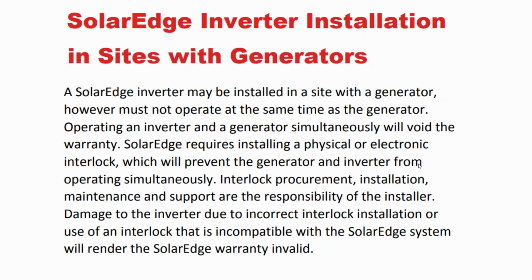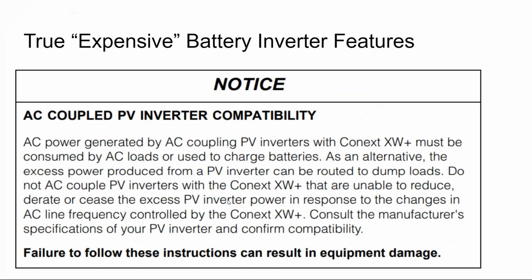Otherwise, we're going to void your warranty. Now, that doesn't mean that a generator can't work with a SolarEdge system. It means you're going to lose your warranty. Here's the Schneider inverter that says, no, we are able to couple them.